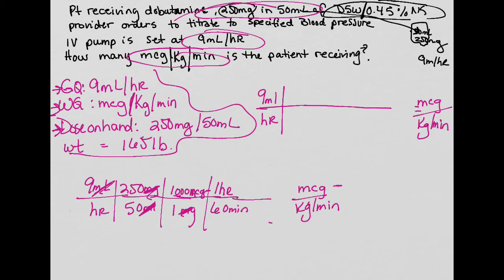All right, so I got minutes taken care of. I can cross out this hour. But what else do I need? I need kilograms. So these are one of these handy dandy memorization things, is 2.2. I know 2.2 pounds equals 1 kilogram.